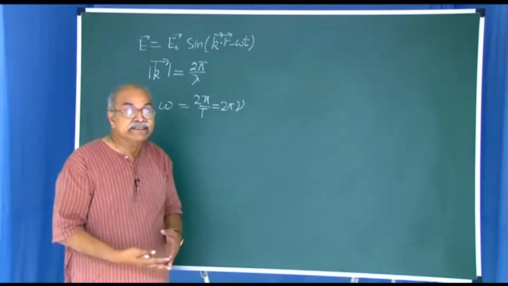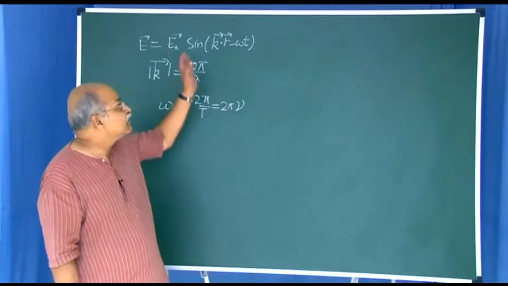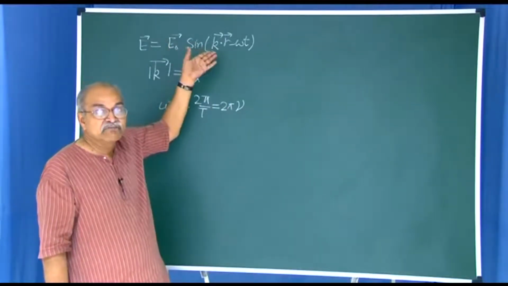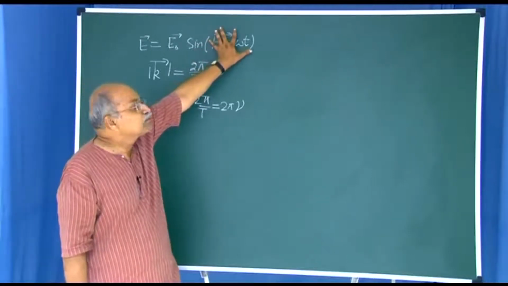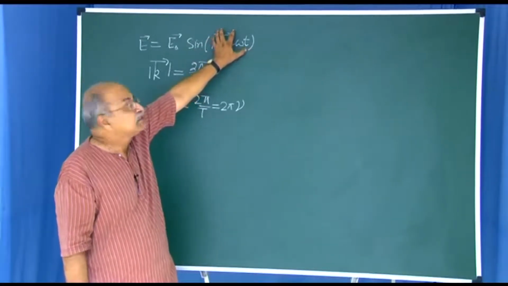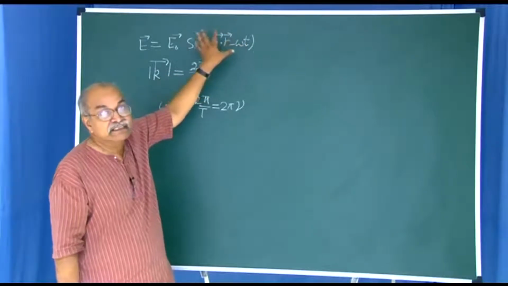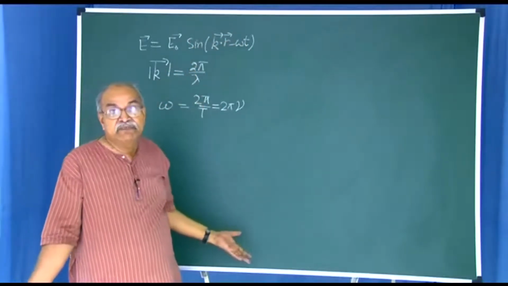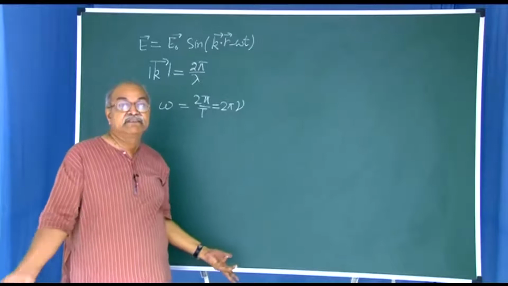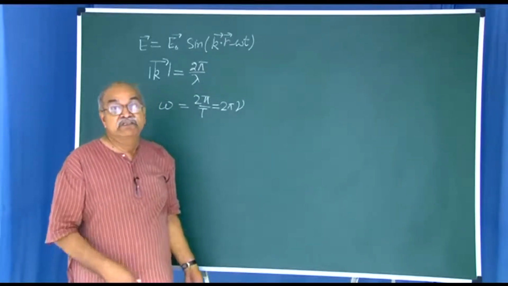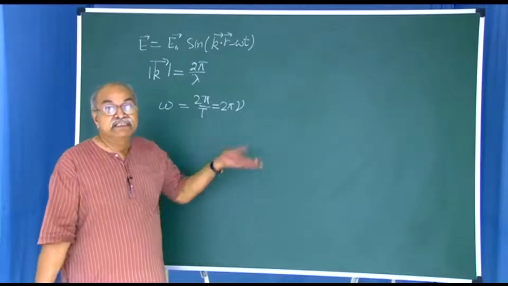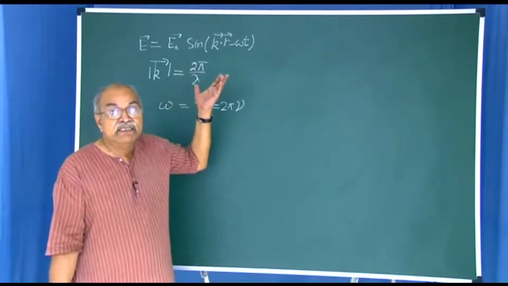The net intensity is not the sum of the intensities of the two waves, but it depends on the difference in this part which changes the value of this sine. So, the whole thing may become a destructive interference where the total intensity is 0 at certain point, or it can be double the amplitude when the intensity will be 4 times, and so on.